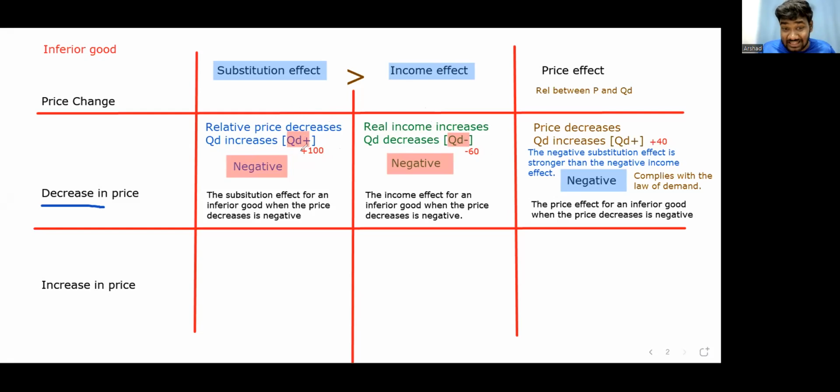The increase is 100, but the decrease is only 60. So overall, what is the net effect? Increasing by 100 and decreasing by 60, overall it's increasing by 40. So that is what the price effect is saying. Even when the price decreases, QD still increases. That's the whole story.